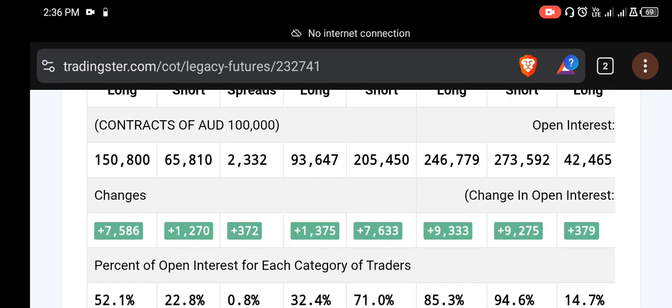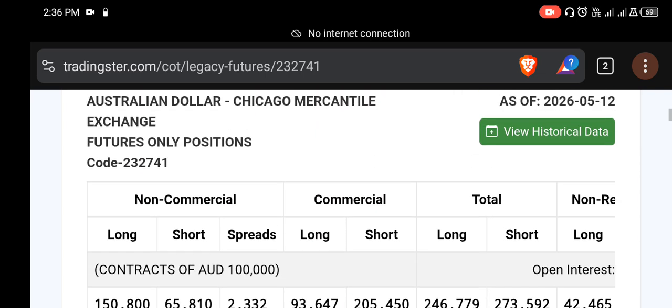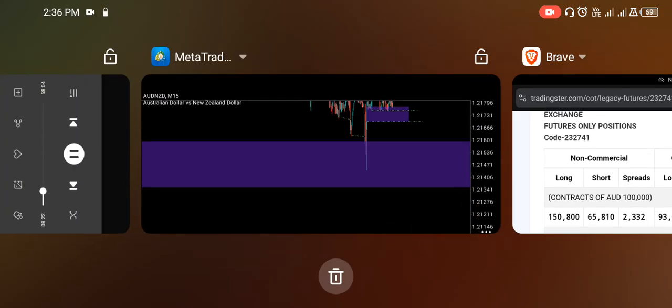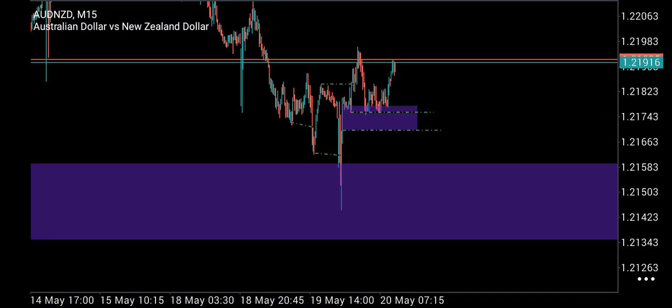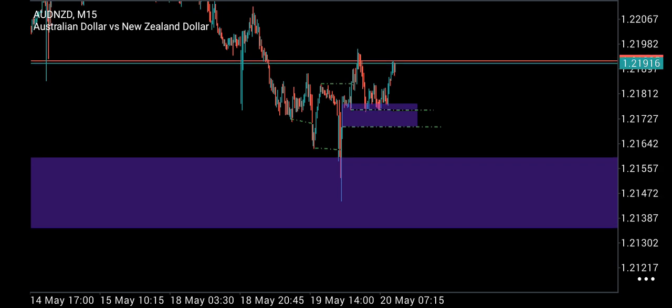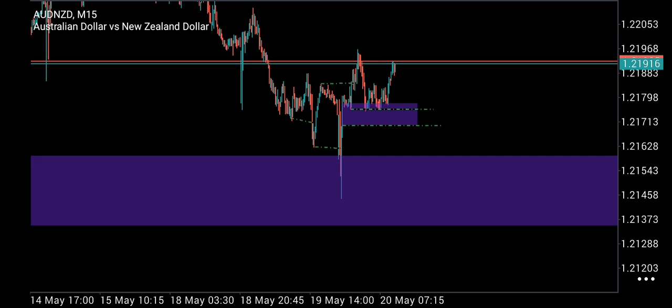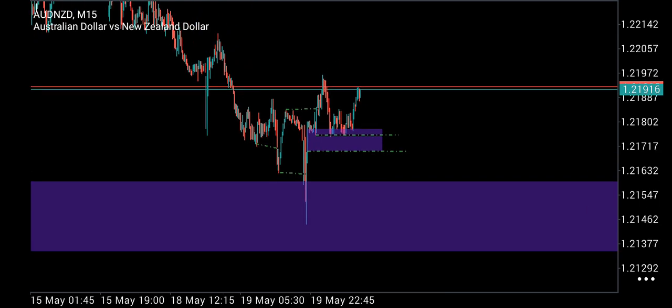So they are heavily long on the Australian dollar. That's why I'm also looking for buys. So that's another confirmation. Structure wise, the market is giving me bullish structures, and also the non-commercials are longing the Australian dollar. So I just want to long with them.